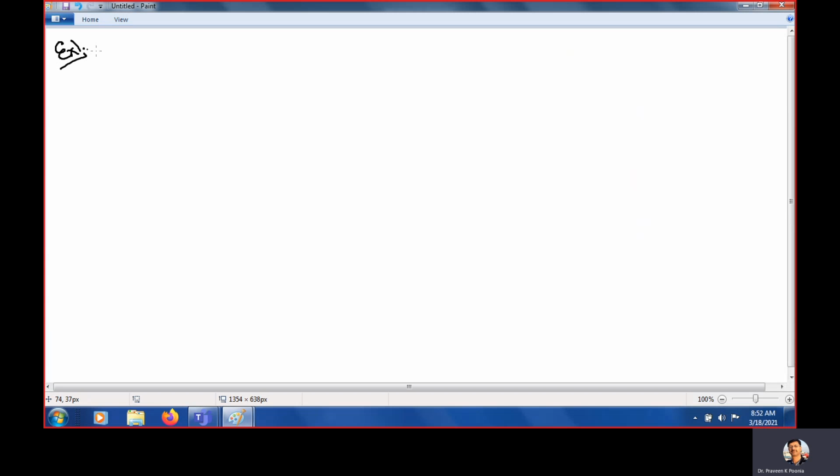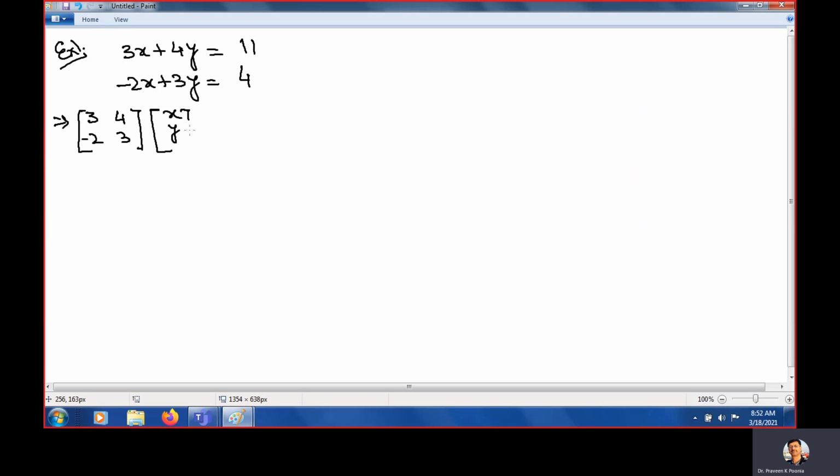Example number 1. 3x plus 4y equals, let us say, 11, and minus 2x plus 3y equals 4. If these are the equations, clear? So the same method, first we will find the matrix form of this: [3 4; -2 3] times [x y] equals [11 4].